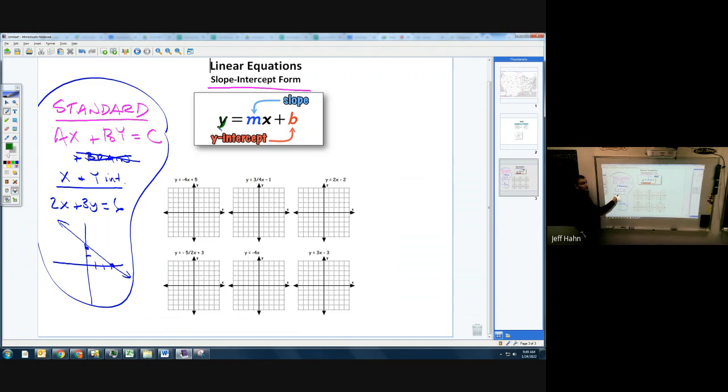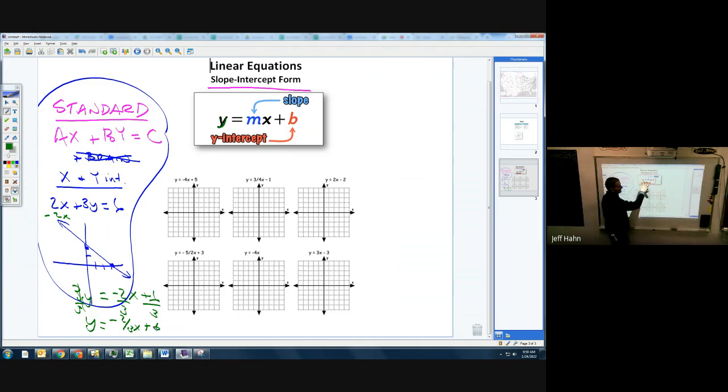How would I solve it for y? I would subtract 2x. Just for fun, if I subtract 2x, I get 3y equals negative 2x plus 6. Then I'd have to divide everything by 3. This equation now is in slope-intercept form: y equals negative 2/3 x plus 2.